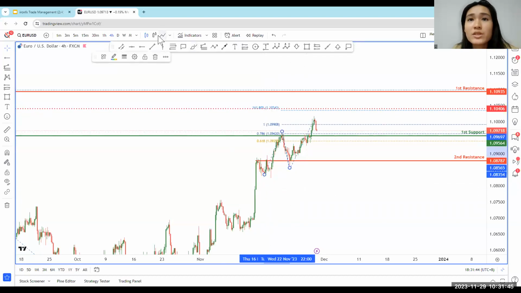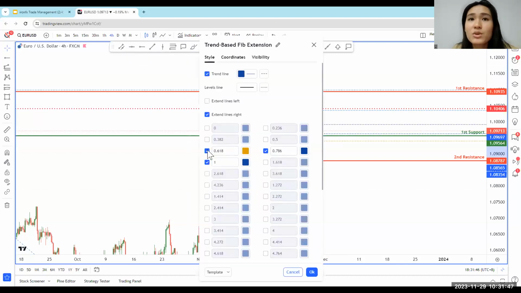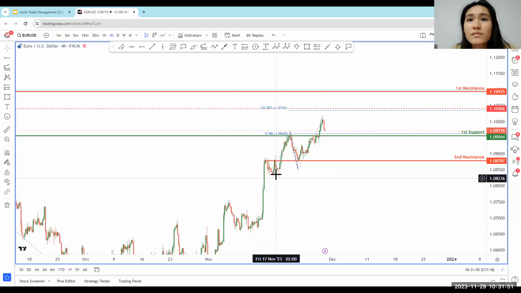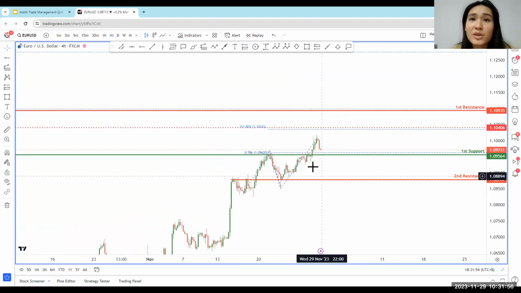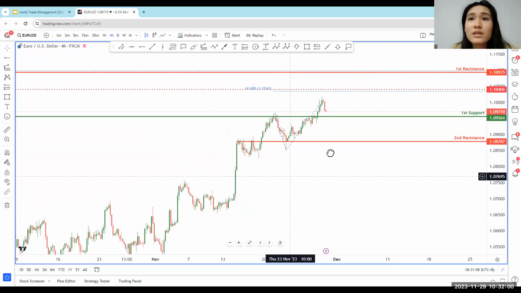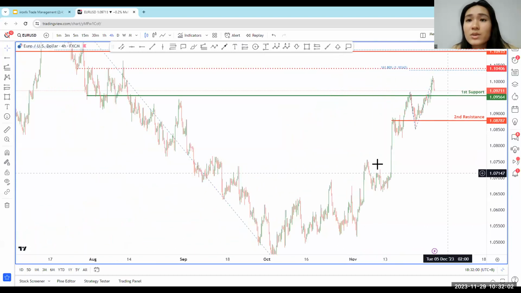Okay, my 78.6 lines up with my first support. Oh wait, this is no longer valid because price has already broken out of it. Okay, let's see what else we have.